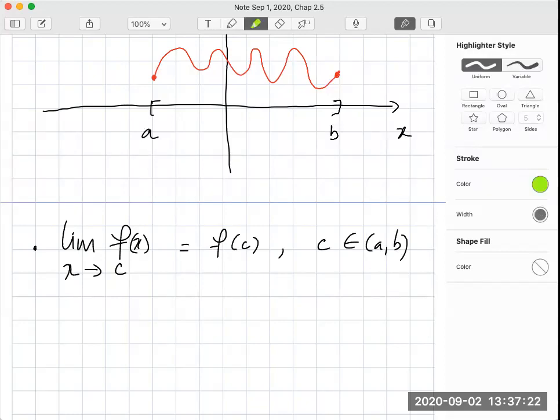Remember, if we use a parenthesis here, it means C is different from A and B, right? It's larger than A, smaller than B.